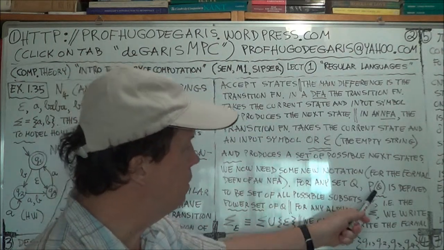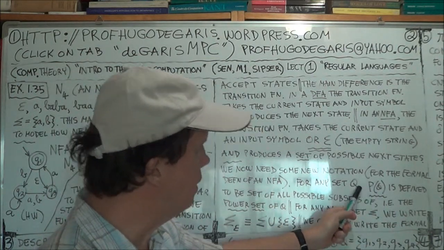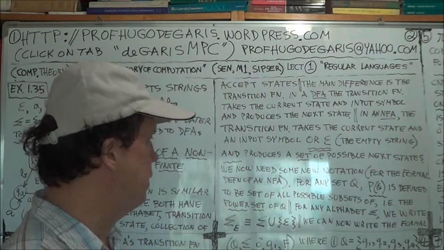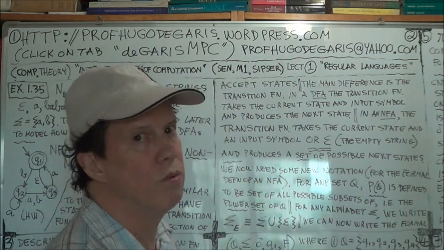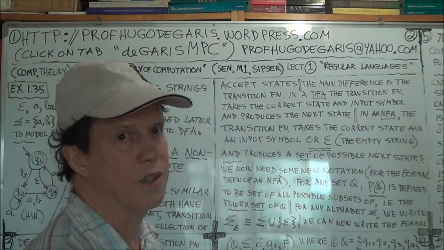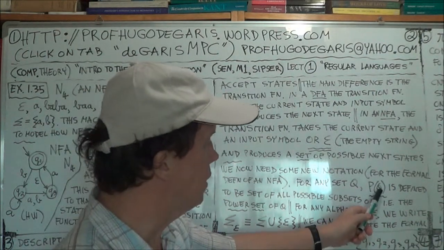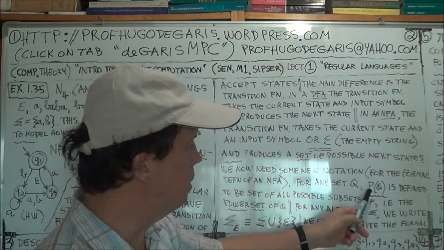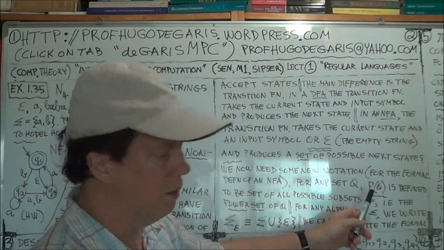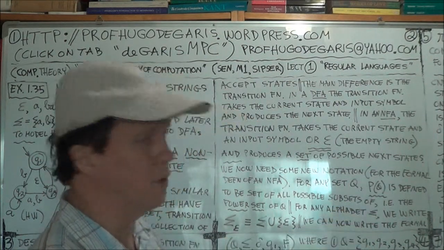So this P of Q is defined to be the power set of that set. So that's one thing. This P is a new notation. It just represents the power set of whatever the set is here in the parentheses. So P of Q is just saying the power set of the set Q.